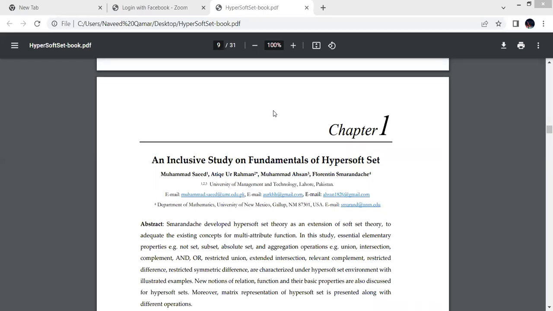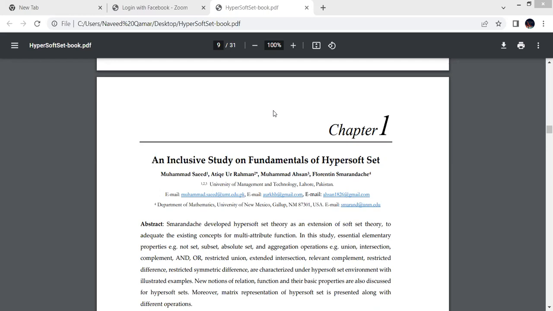In our previous lecture, we had discussed soft set, properties of soft set, different operations on soft set, and soft matrices, and properties of soft matrices like union, intersection, complement, restricted union, restricted intersection.